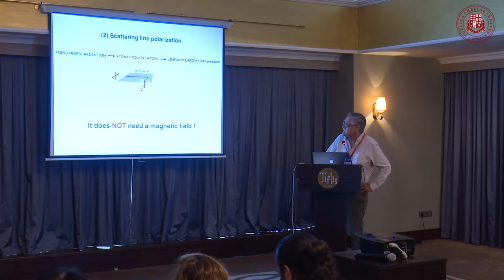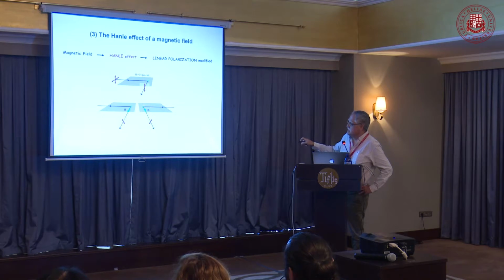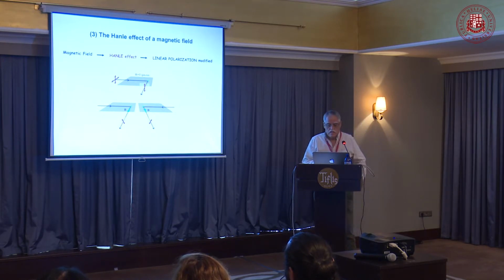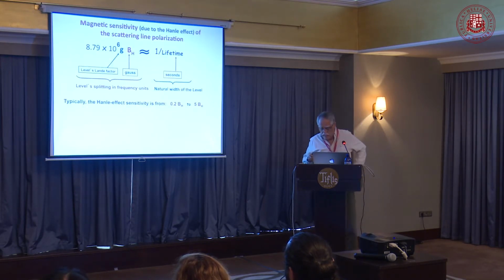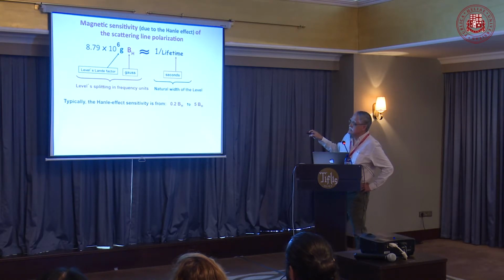If there is a magnetic field, then we have the Hanle effect, which is a symmetry breaking. It modifies the atomic level polarization, and therefore it modifies the linear polarization with respect to the zero magnetic field case, as you can see in this plot. There is an additional mechanism that I will discuss later, but the important thing concerning the Hanle effect is this equation that gives us the magnetic field strength for which we should expect a significant Hanle effect.